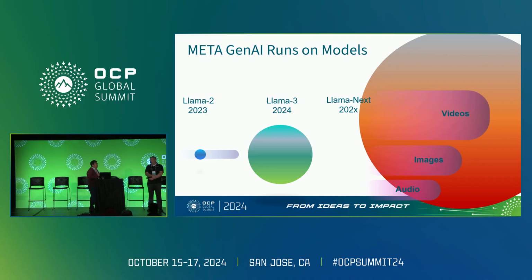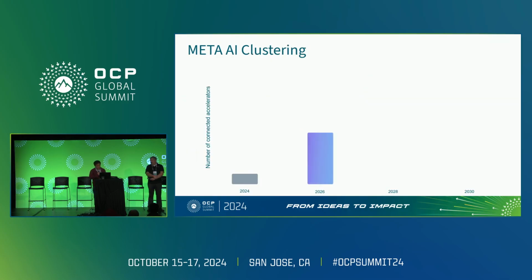The challenge actually evolves with the model. In 2023 we had Llama 2, this year we have Llama 3, and in the coming years we are going to have Llama Next. The features are getting enriched dramatically, but you can see the size going much bigger. As AI models grow, the whole AI cluster size, as of today and pretty much the end of 2024, will grow over the next five years.